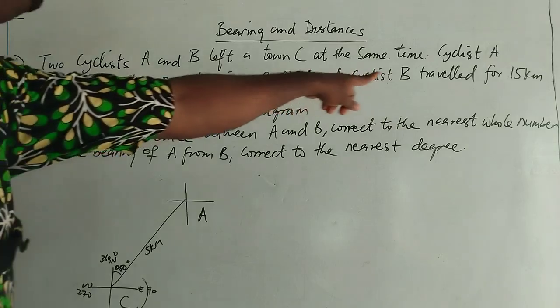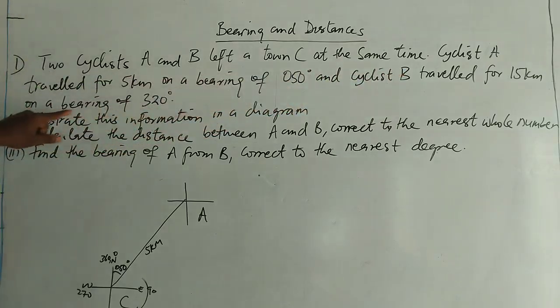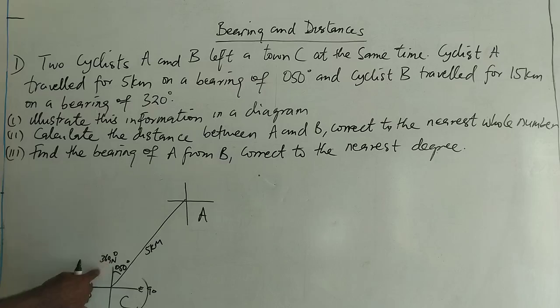It says cyclist B traveled for 15 kilometers on a bearing of 320. So from same C, 320 has passed 90, passed 180, passed 270, but it has not gone back to 360. So it's between 270 and 360. And that is northwest.